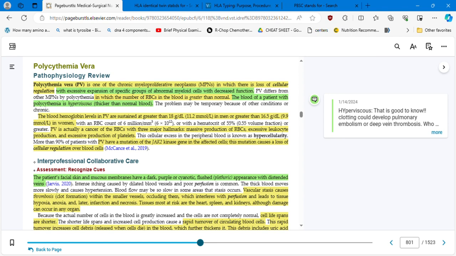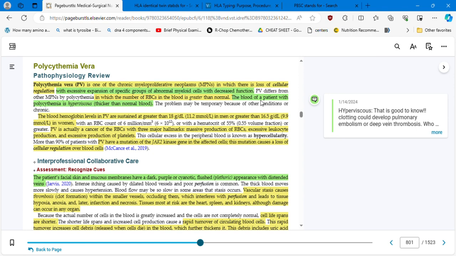So when we are talking about polycythemia vera, a chronic myeloproliferative neoplasm, it's coming from the marrow side, in which there is a loss of cellular regulation with excessive expansion of specific groups of abnormal cells with decreased function, in which the number of RBCs in the blood is greater than normal.